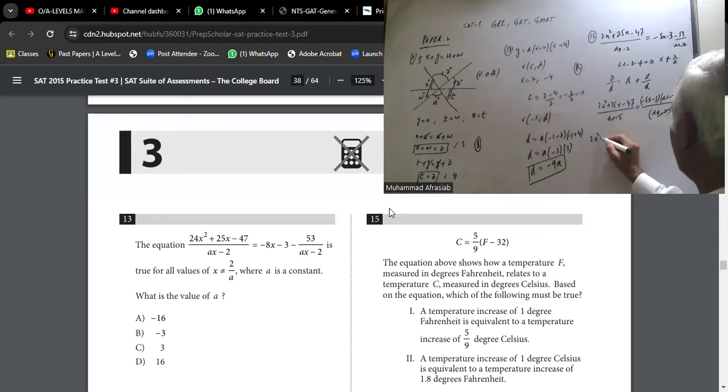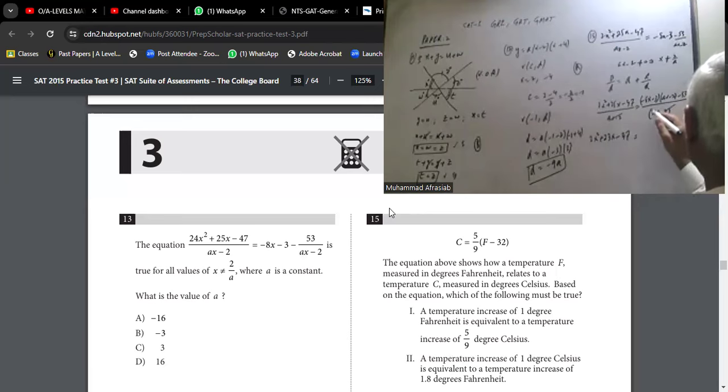So 2x² + 25x − 47 should be equivalent to, if you multiply this, −8ax² + 16x − 3ax + 6 − 53.